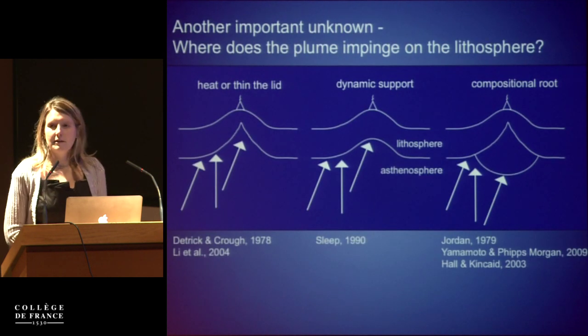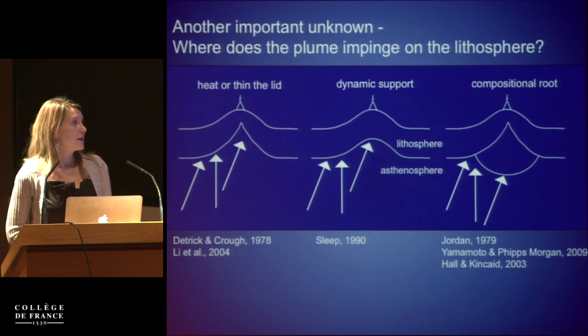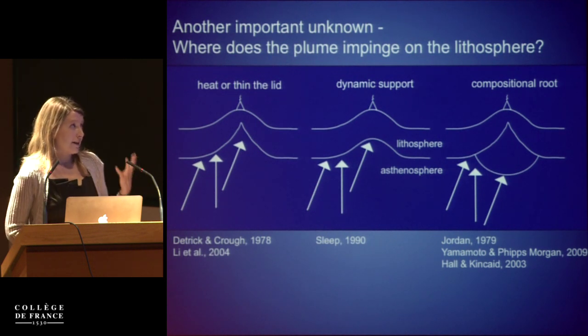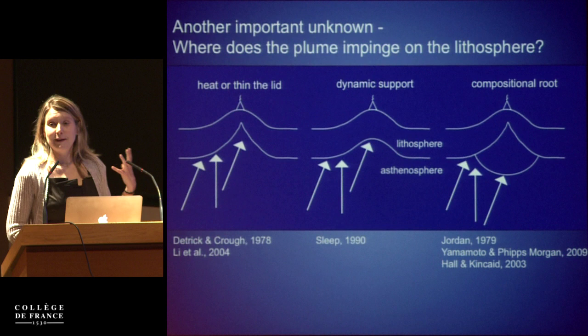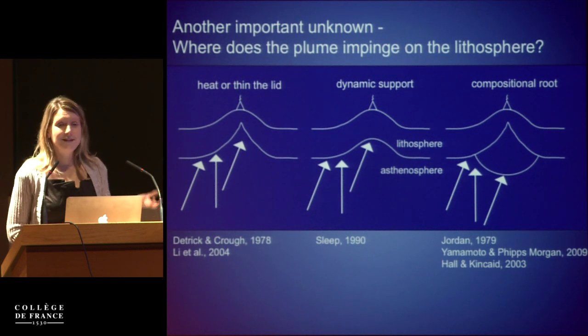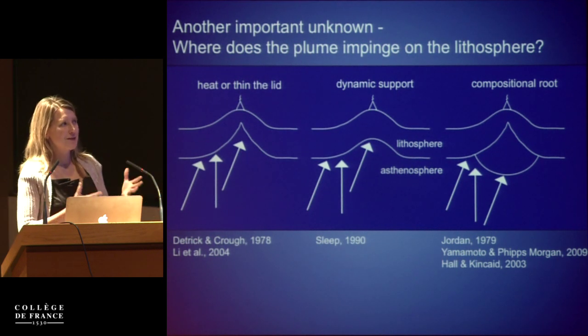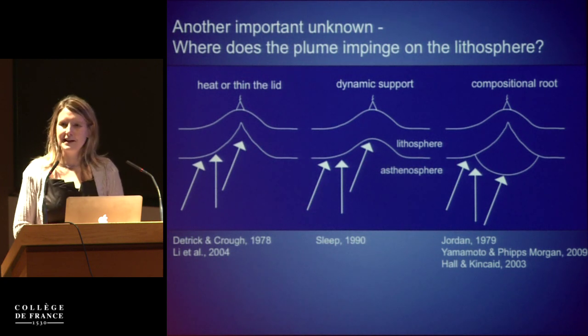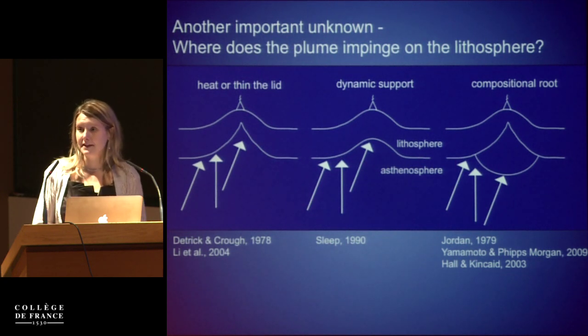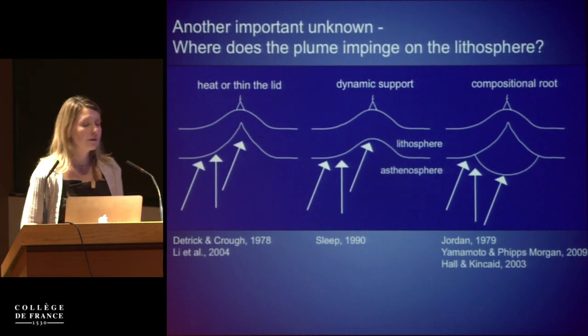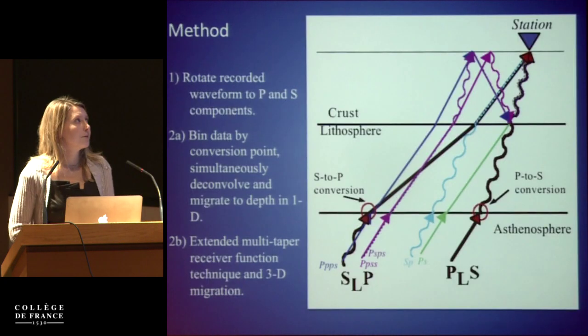And the other thing I'm going to be looking into a bit today is where the actual plume is located beneath the hotspot. It seems straightforward that it would be right beneath the hotspot, but that's not always the case, and it's really important to our understanding of how the hotspot is interacting with the plate and what defines the plate. So that will be another thing I'll be looking into.